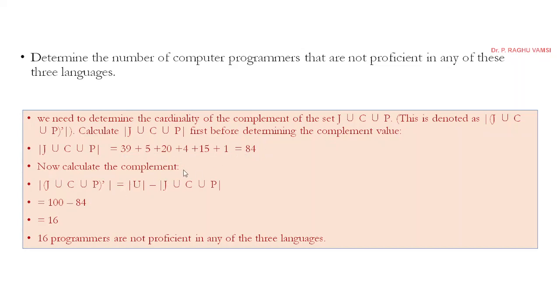Now calculate the complement. The complement is calculated as the universal value U minus J union C union P, which is 100 minus 84, that is 16. 16 programmers are not proficient in any of the three languages. So this is the way we use the inclusion and exclusion principle for formulating and solving real world problems.